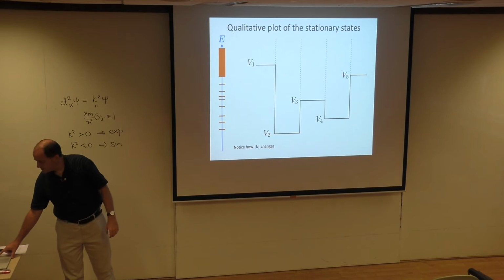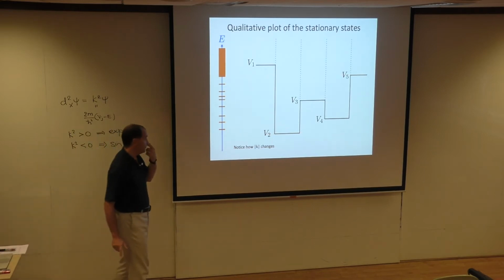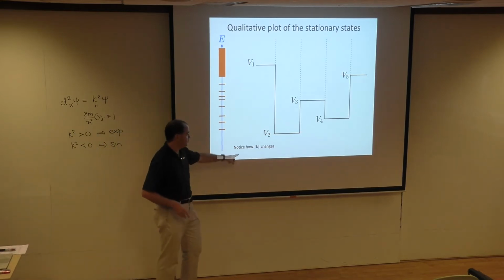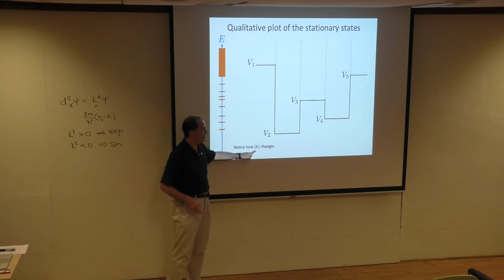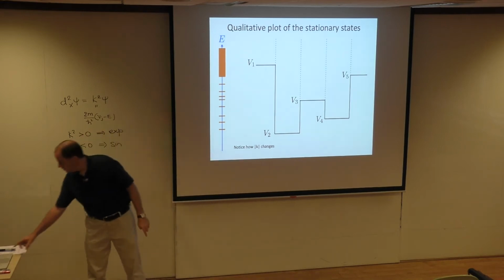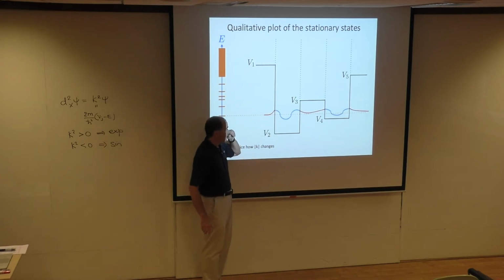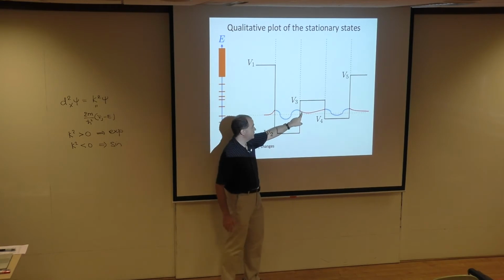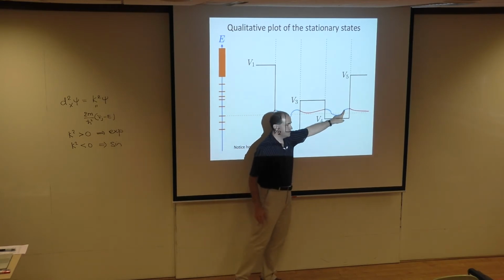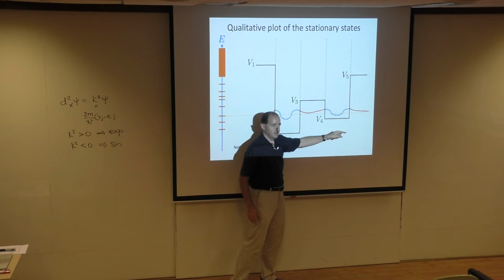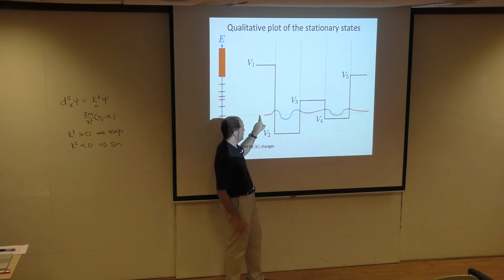Let me do the qualitative plots of the stationary states for every energy level, and please notice how the value of k changes. So for instance, we are down here. Down here we are going to have real exponential, complex exponential, real exponential, complex exponential, real exponential. And again, here we can make it fully decaying.